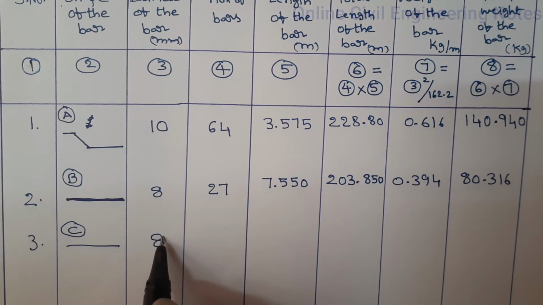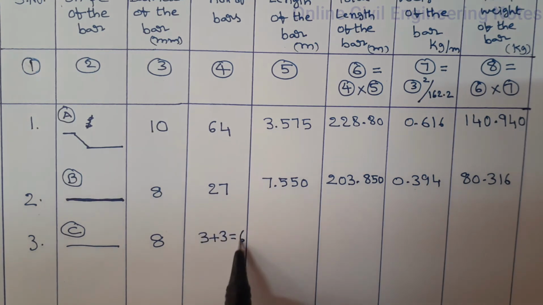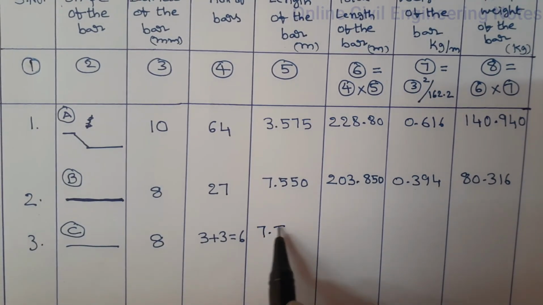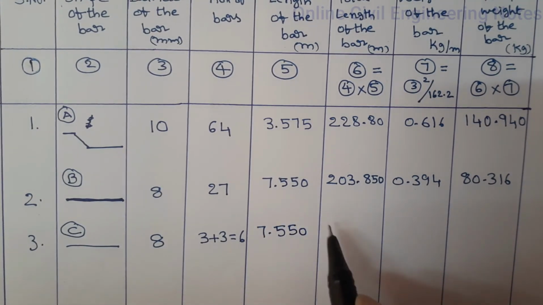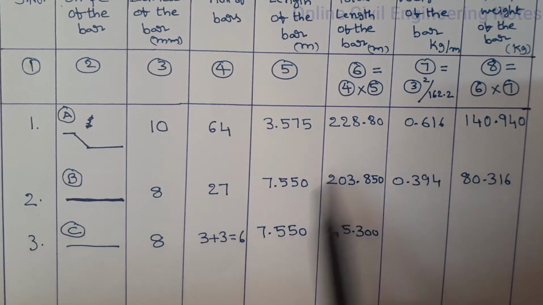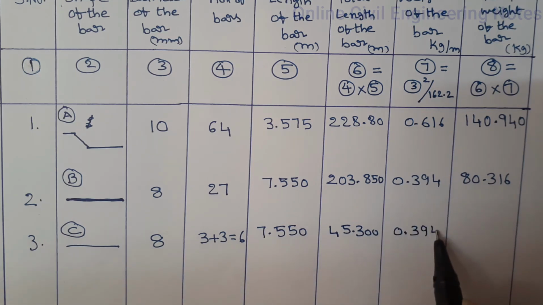Third one, hanger bar, designation is C. Diameter of hanger bar is 8. And number of bars are 6: 3 on one side and 3 on another side, 3 plus 3 is equal to 6. Length of bar 7.550 and total length is equal to 45.300. Weight of the bar is 8 square by 162.2, 0.394.